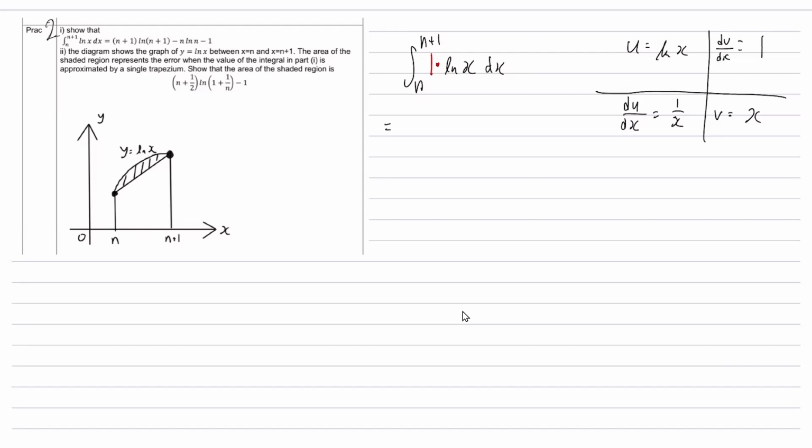Just a few things to note about the notation here. You got x ln x, that's okay, but please make sure you got a vertical line like this, and then you put down n plus 1. Or you can also draw a square bracket, same thing. Then for the minus integral, you also need the limit n plus 1. But you substituted in later, so you end up with n plus 1 ln n plus 1 minus n plus 1.